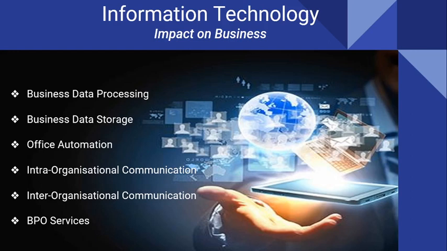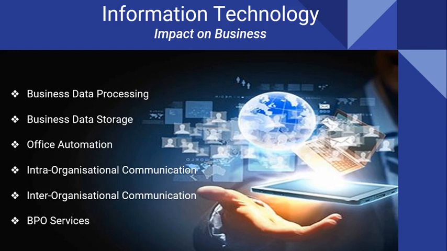Right? Next is inter-organizational communication. Again, it's another form of communication, when the communication takes place between a company and another company, between a company and its customers, between a company and its suppliers.